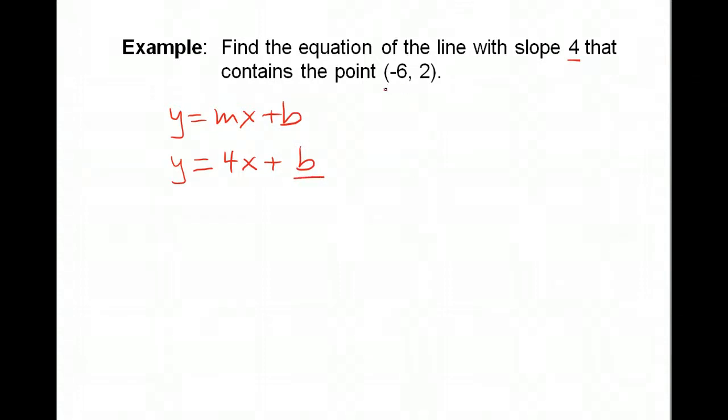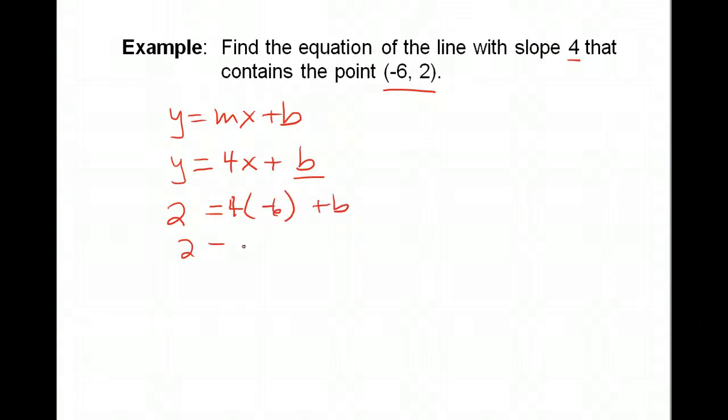And the way that I do that is to take this point, which I'm told it has to be on that line, and if it's on the line, the point needs to work in the equation. So I'm going to put 2 in for y, and -6 in for x, and solve it.